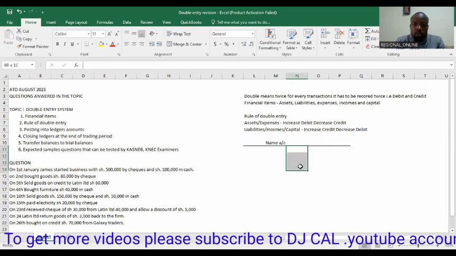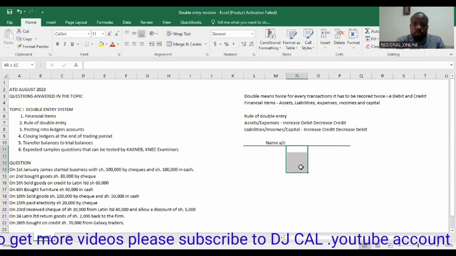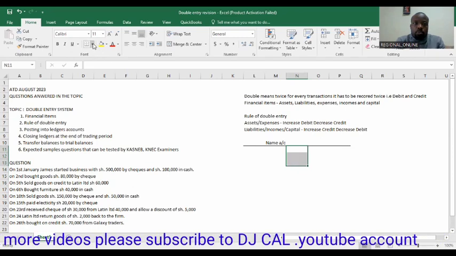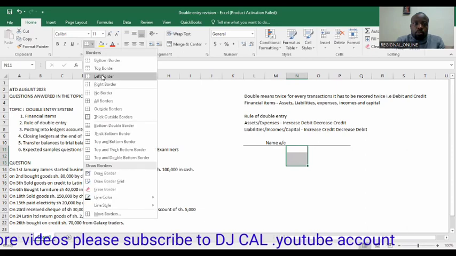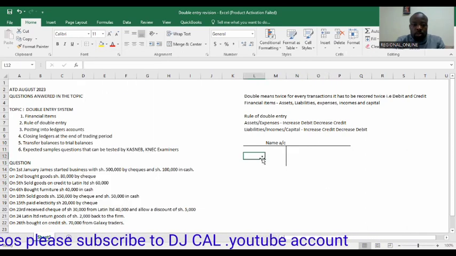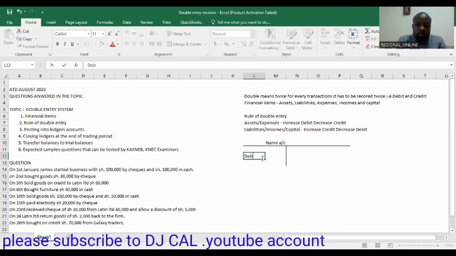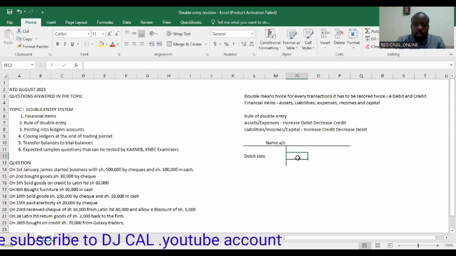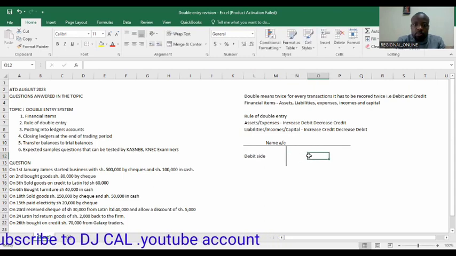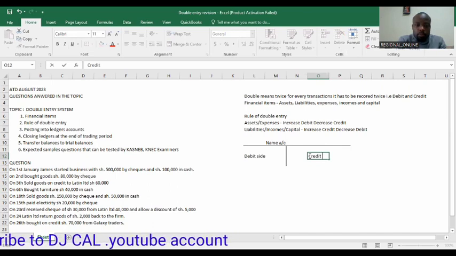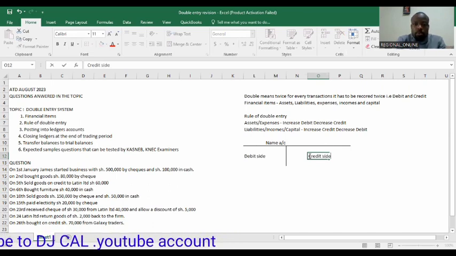The ledger account is always a T account. When I talk about the debit, this is the debit side of the ledger, and the other side is the credit side of the ledger.